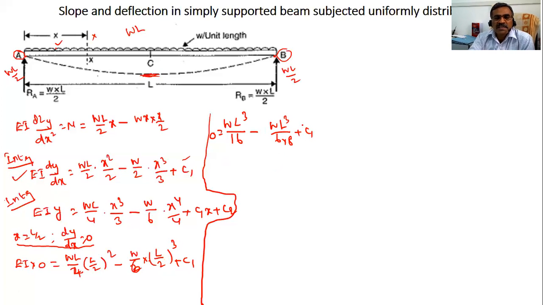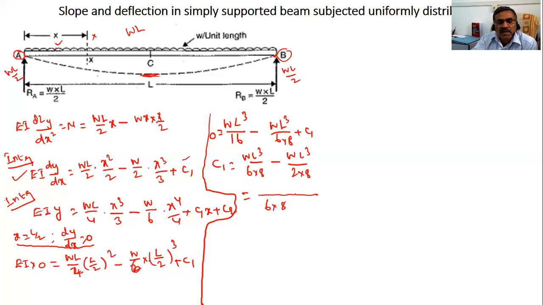Now let us take these two on the right side. Then C1 is equal to W L cube divided by 6 into 8 minus W L cube by 16, and 16 you can write as 2 into 8.